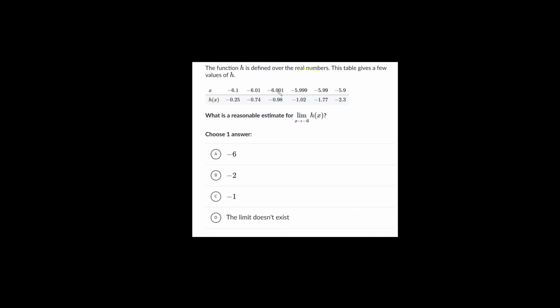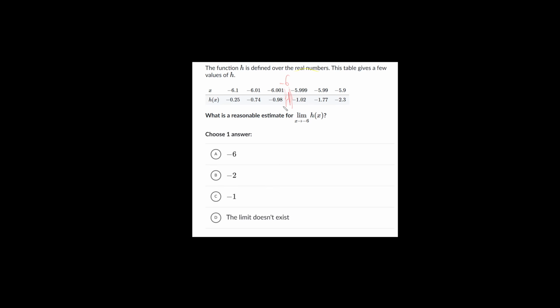So it gives us this chart so we can see this would be -6 right here, somewhere here. But we have two values very close to it, -1.02 and -0.98. So I think you can tell just by looking at this, it approaches -1.